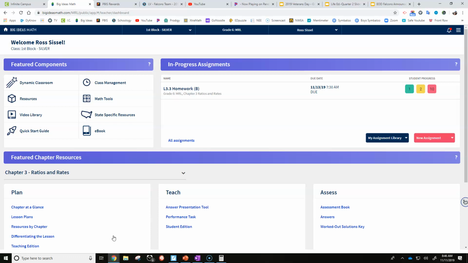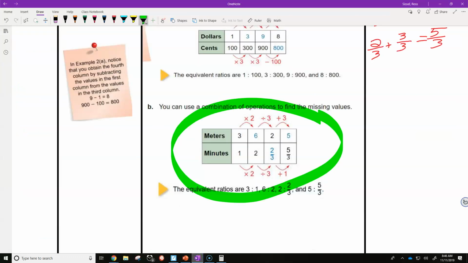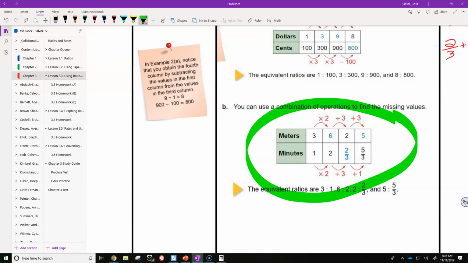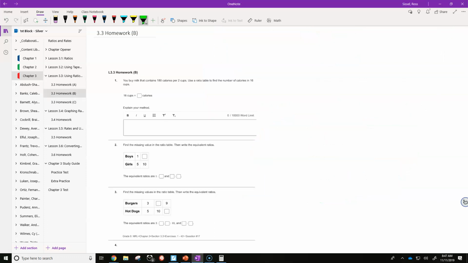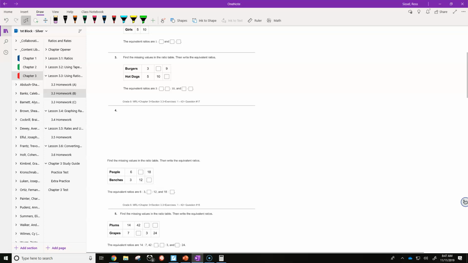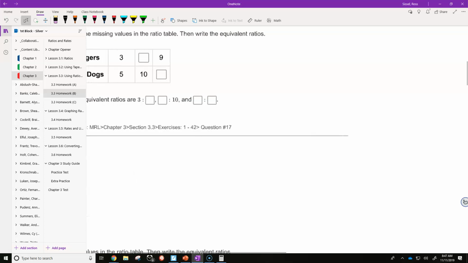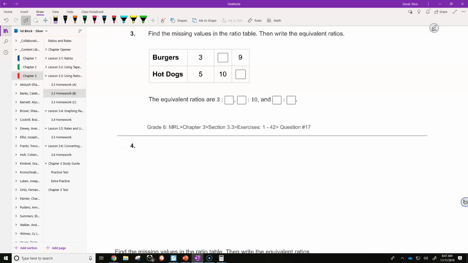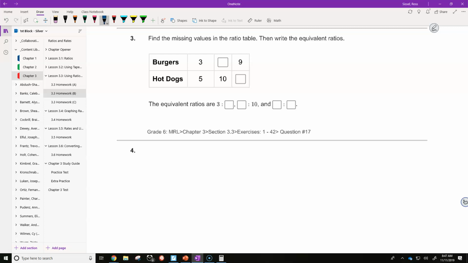Joseph just asked, do I have to show my work on paper? Yep. Yes. So, if this is part of your homework, I want to see you go on your paper and say number 3. You can abbreviate, I don't care.